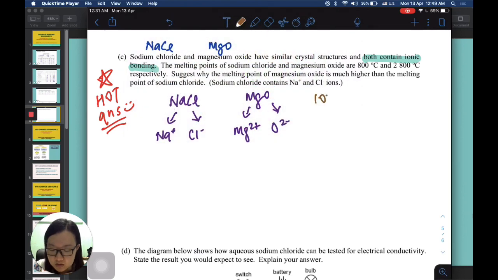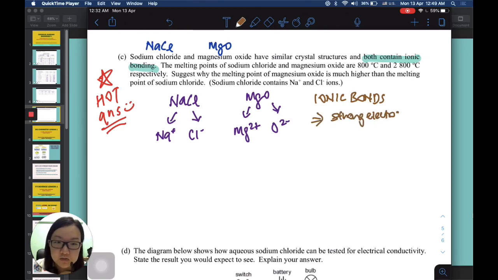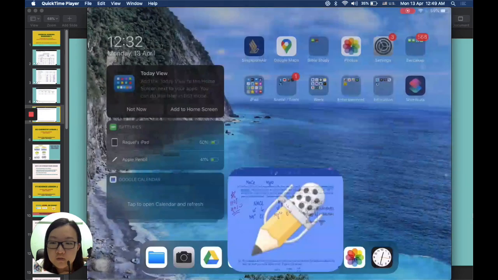Because this is an ionic compound and it contains ionic bonding, there is the presence of ionic bonds. And very quickly, let's do a recap of what ionic bonds are. Ionic bonds are the strong electrostatic forces of attraction.